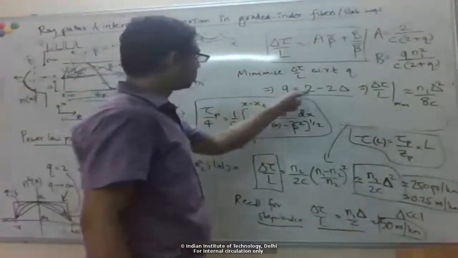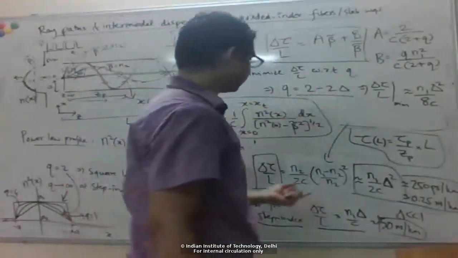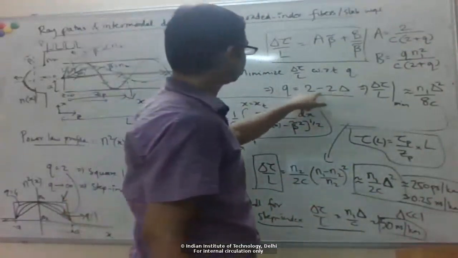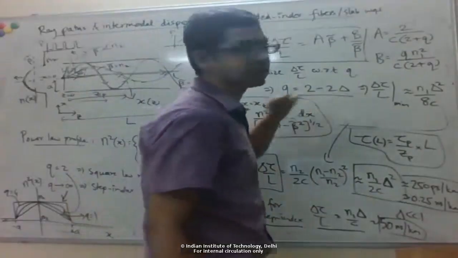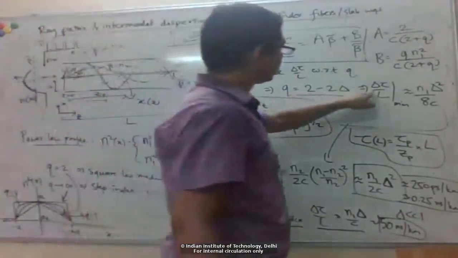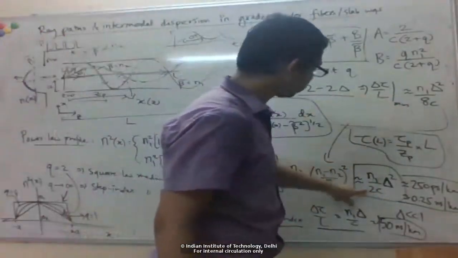If I now change q to 2 minus 2 delta, remember this is a very small change, because delta typically is very small, 0.01, let's say. So this is q equal to 1.98, an extremely small change, but that reduces my dispersion further. So here you see we gain a factor of 4.